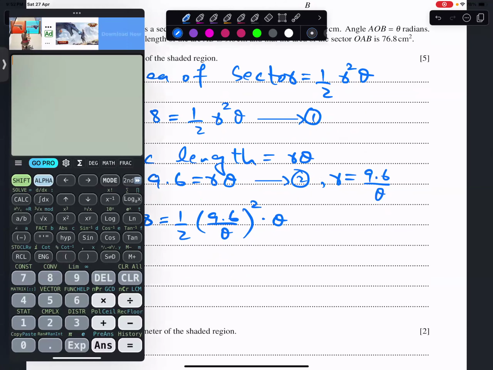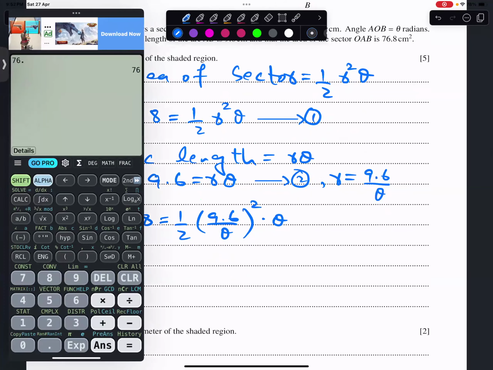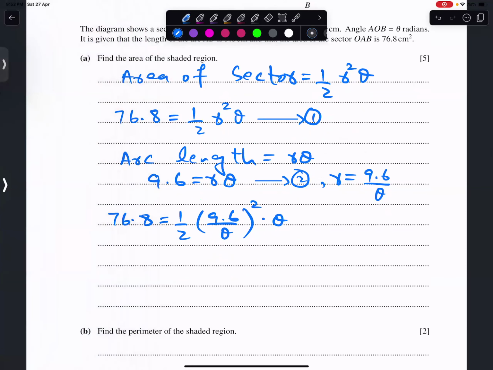So 76.8 multiplied by 2 divided by 9.6 squared gives 1.67, which equals 1 over theta.